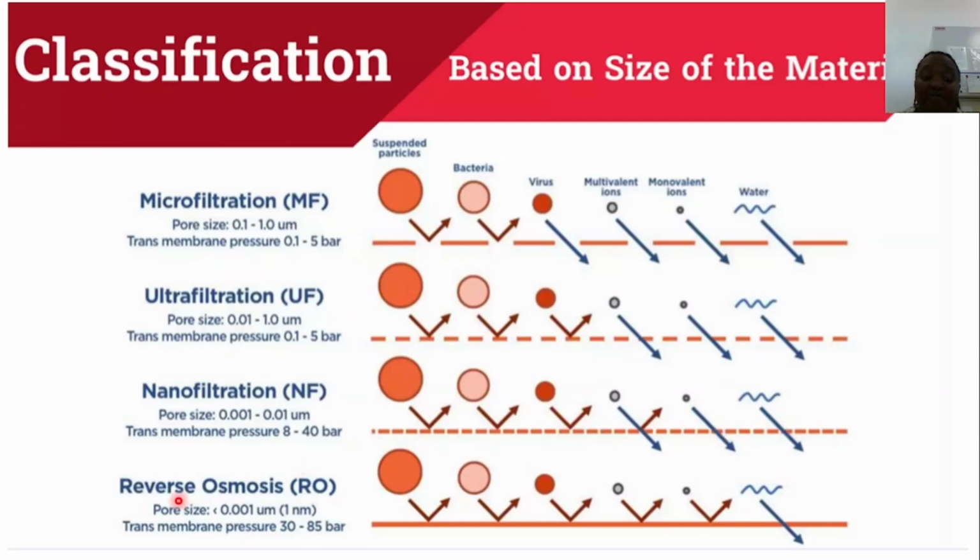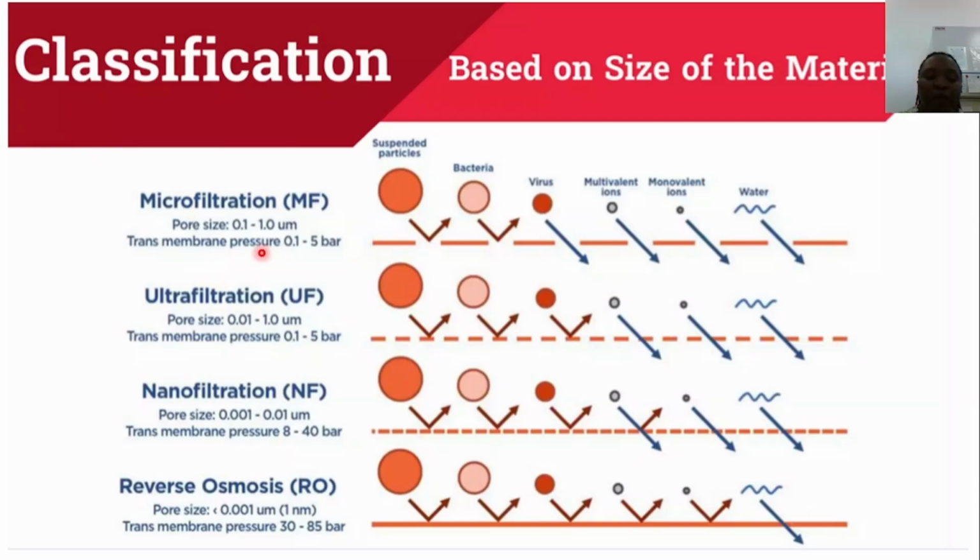Then we have reverse osmosis, where the pore size is smaller, less than 0.001 micrometers, which is less than 1 nanometer. This membrane does not allow suspended particles, bacteria, viruses, multivalent ions, and also monovalent ions, but it allows water to pass through.